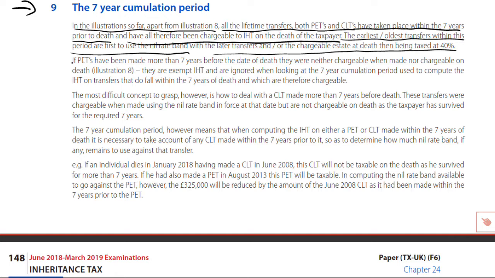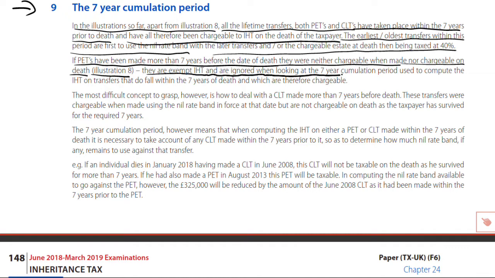Now then, if PETs have been made more than 7 years before the date of death, then they were not chargeable when made, nor were they chargeable on death. And we saw that with illustration 8. So they were exempt from IHT and were ignored when looking at the 7-year accumulation period used to compute the IHT on transfers that do fall within the 7 years of death.